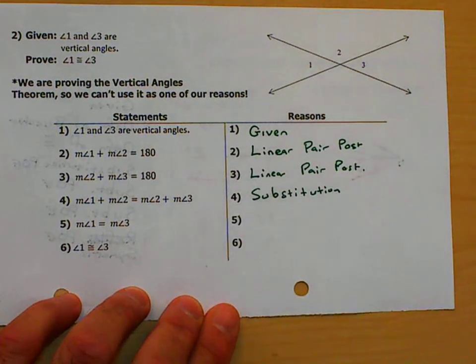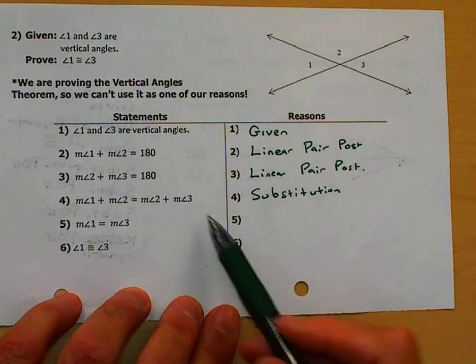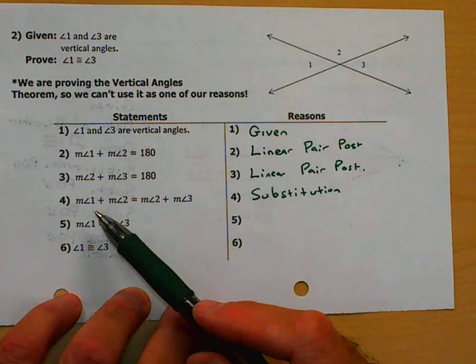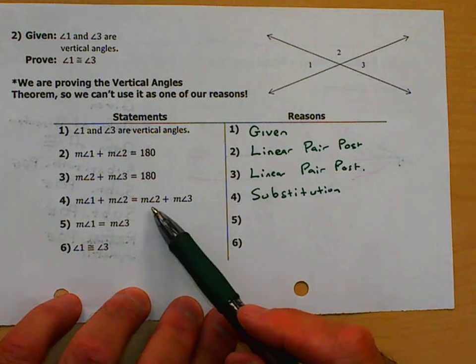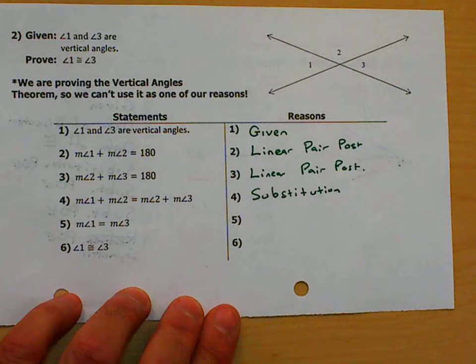Now, how'd they get from 4 to 5? It's straight up, just right there. We're not going to go above or look at the picture. We're just going to say, if I know measure of angle 1 plus measure of angle 2 equals the measure of angle 2 plus the measure of angle 3, then 1 must be equal to 3. Why is that? Not transitive. Why?